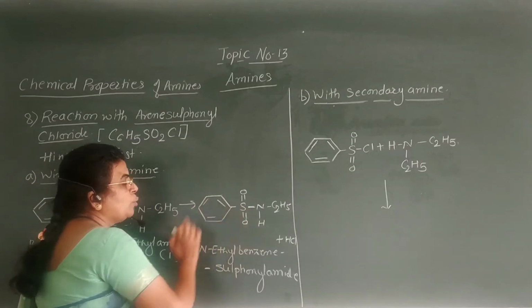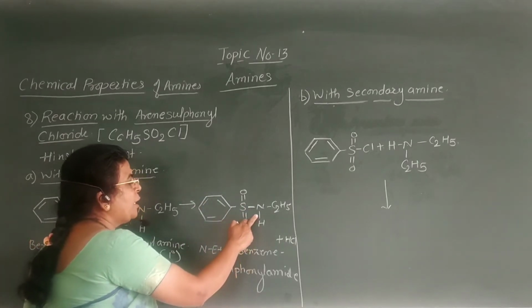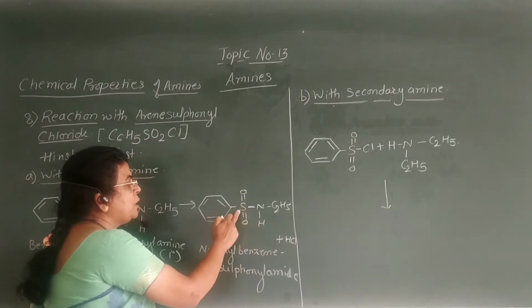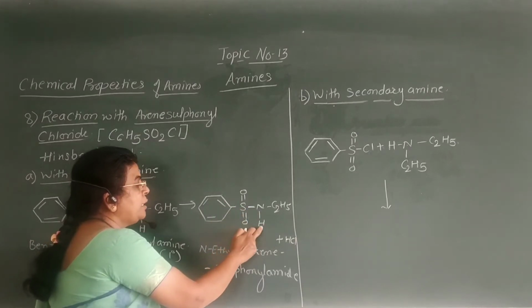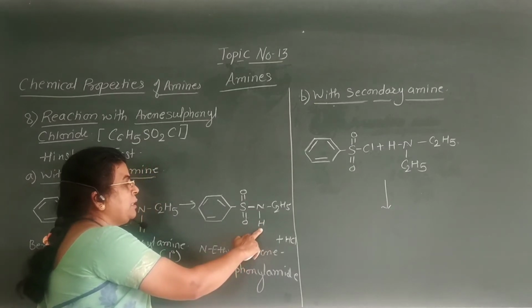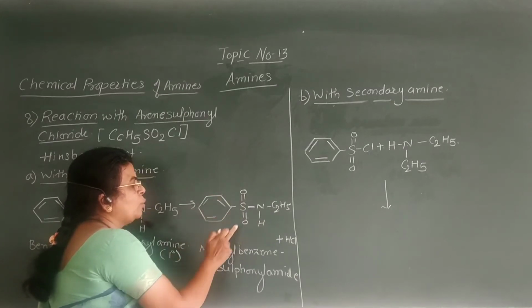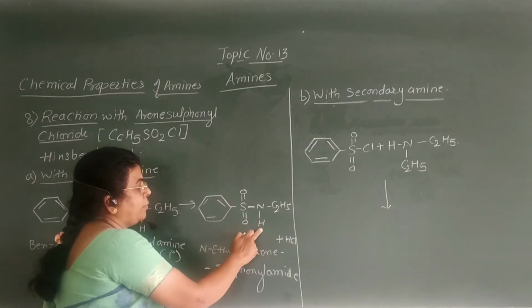This SO2 group is an electron withdrawing group, and therefore electrons can transfer towards this SO2 group, and this hydrogen atom becomes more acidic.